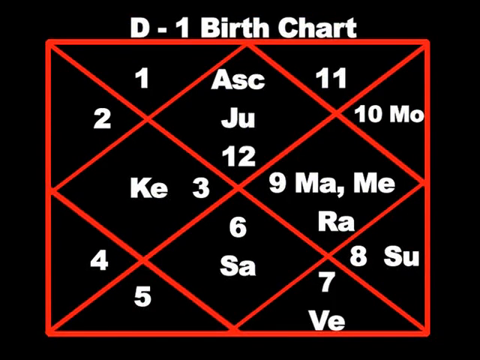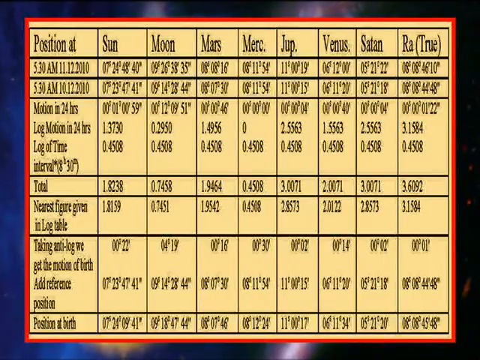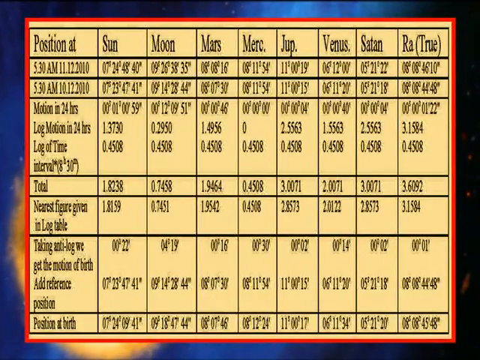With these calculations, we have come to the natal chart of the person born at a particular date of birth, time of birth and place of birth, along with the degrees of the planets at the time of birth of the person. Normally, in other philosophies, other charts are not taken into consideration.